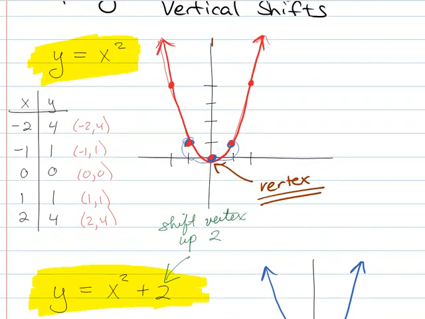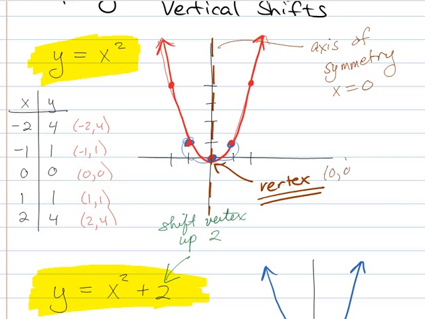While we're at it, let me give you another vocabulary word. This is the axis of symmetry. The axis of symmetry means that it's symmetric, like you could fold it across that dotted line and it would be perfect. The equation for this axis of symmetry is x equals 0.